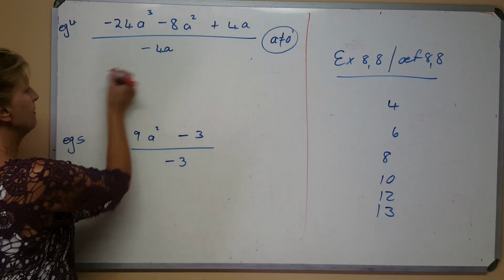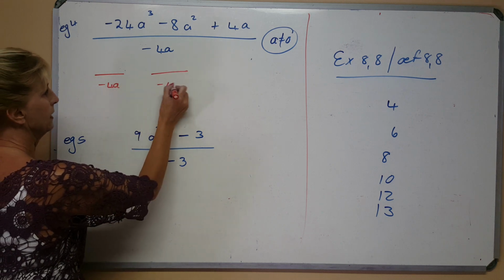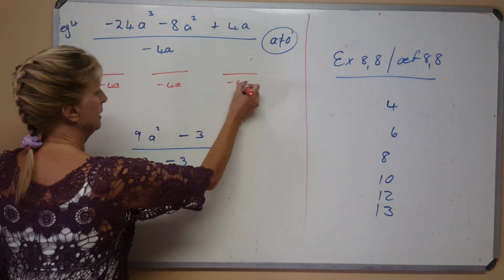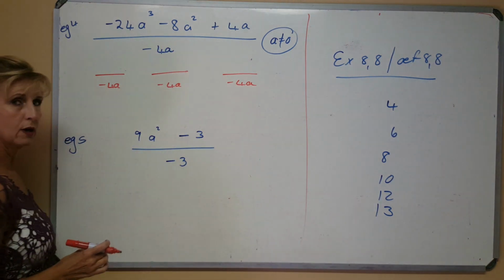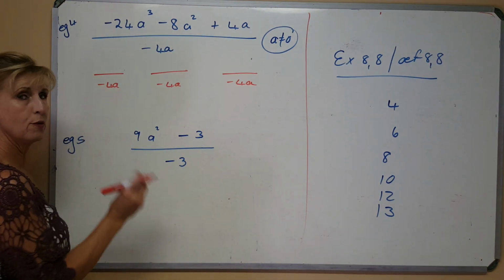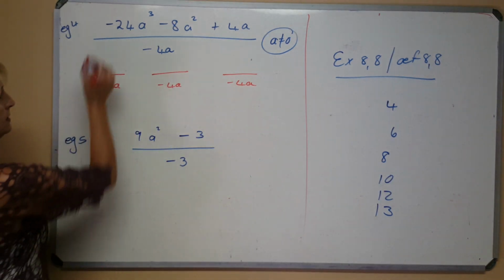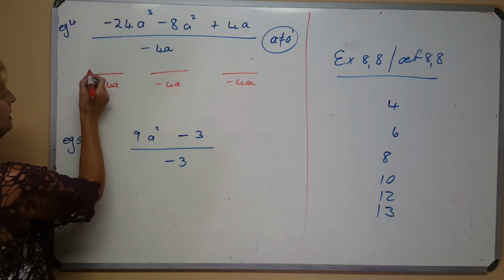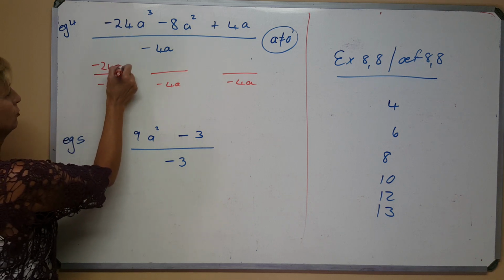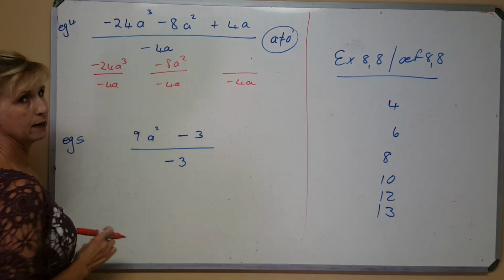Very important. Everything's going to be over negative 4a, over negative 4a, over negative 4a. Want almal se noemers is dieselfde. All the denominators are minus 4a. But then the other signs just go at the top. So hierdie ene gaan dan minus 24a tot die 3 hê. Maar as jy nou daar min 8 kwadraat staan, wat staan nou hier?